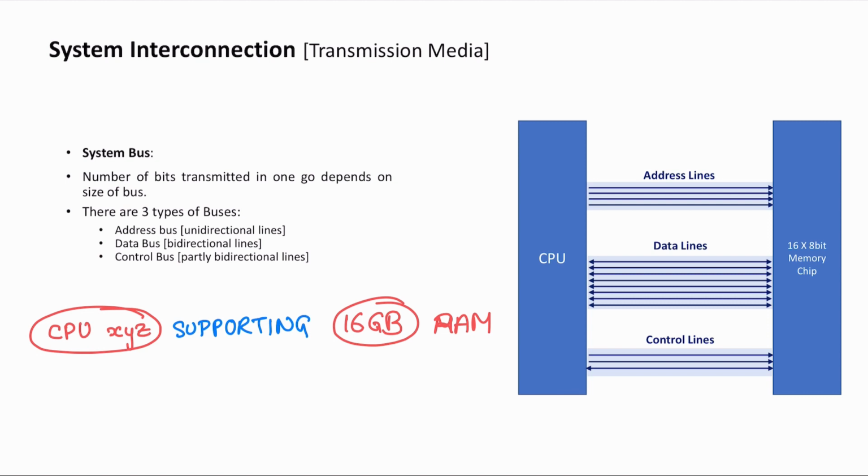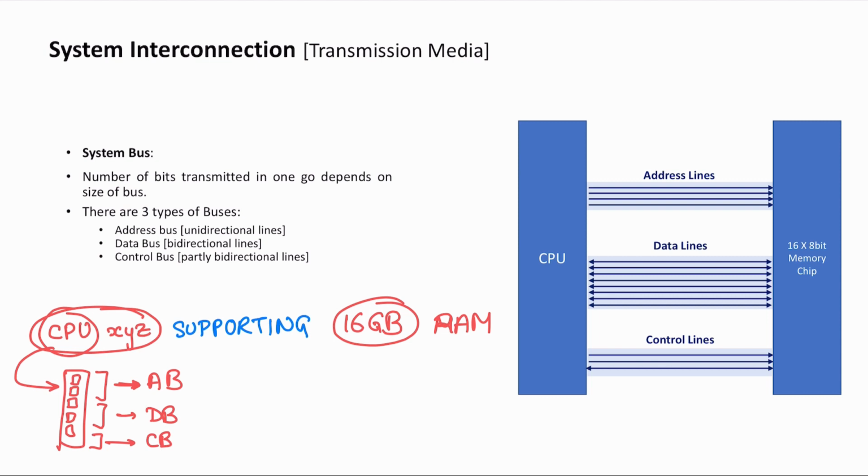What does it mean? We already discussed that each CPU or processor has a set of pins. Each CPU has some pins dedicated to the address bus, some pins dedicated to the data bus, and some pins dedicated to the control bus.